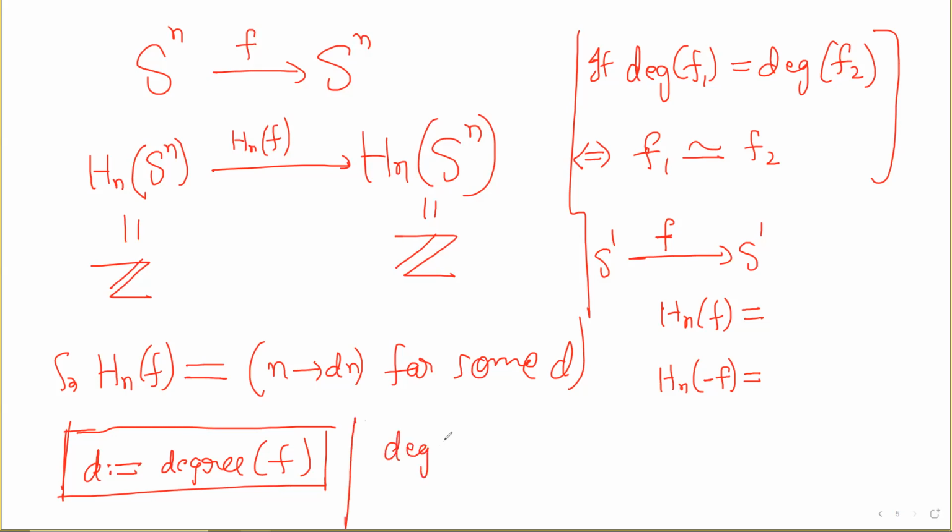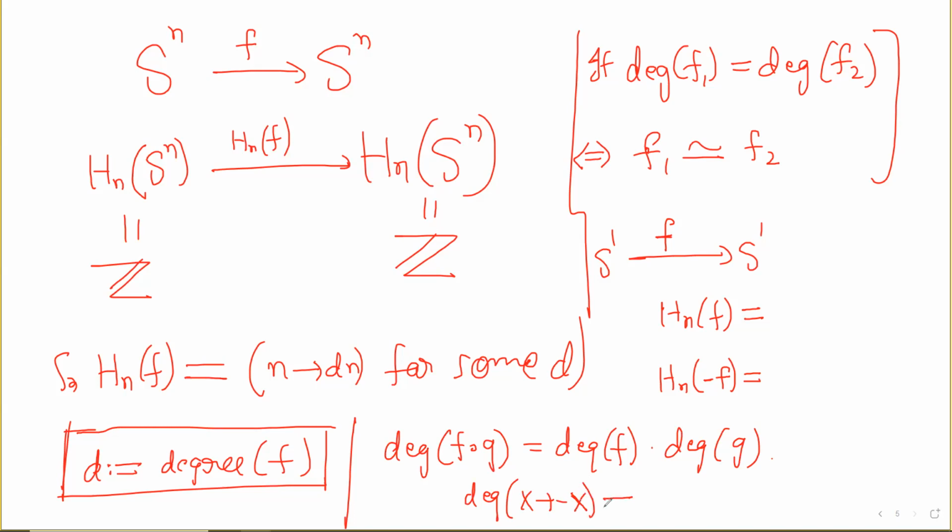Degree of f composed with g is equal to degree of f times degree of g. Then you just have to figure out what the degree of x going to minus x is.